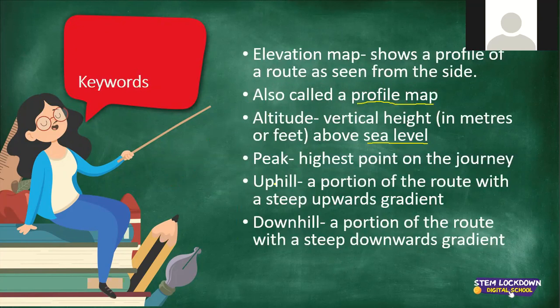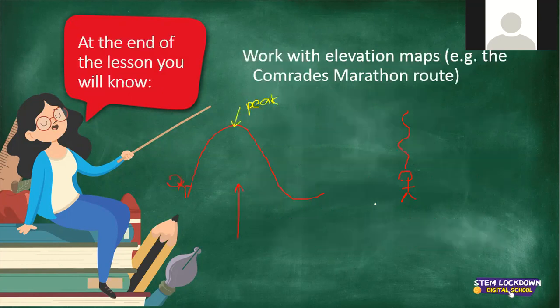And an uphill, basically, this is a portion of a route with a steep upward slope. For example, this portion here will be classified as an uphill because it is a steep upward slope.